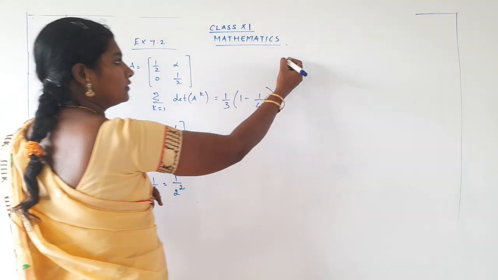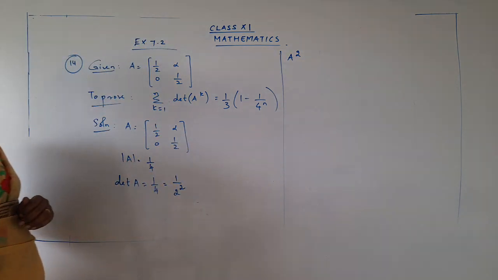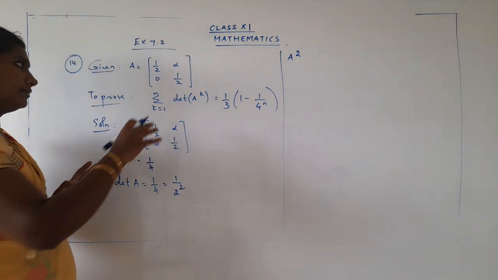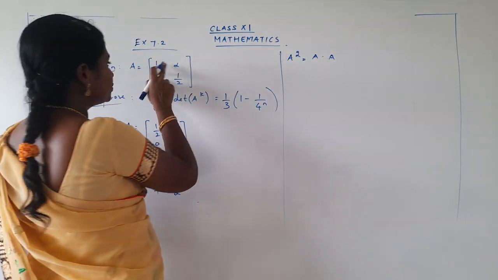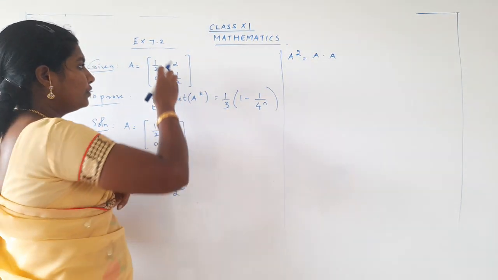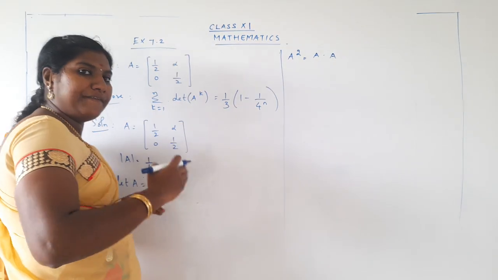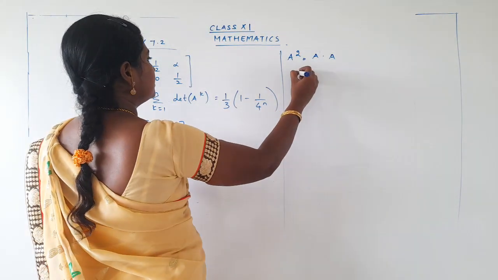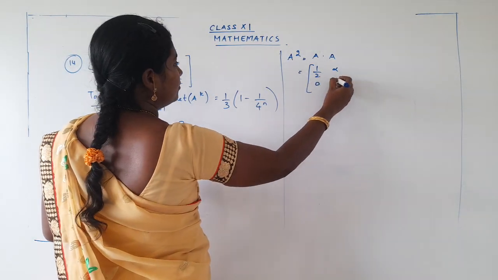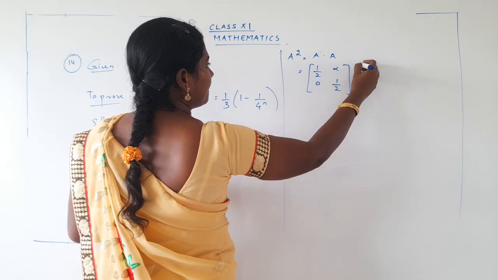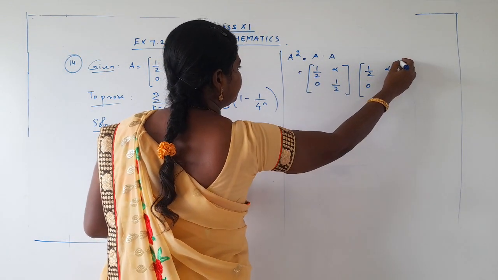See here, now I am going to find out A square. How to find A square? This is A into A. Do not square each element, that is wrong. You have to take A again and multiply A with A. So this is half, alpha, 0, half into half, alpha, 0, half.